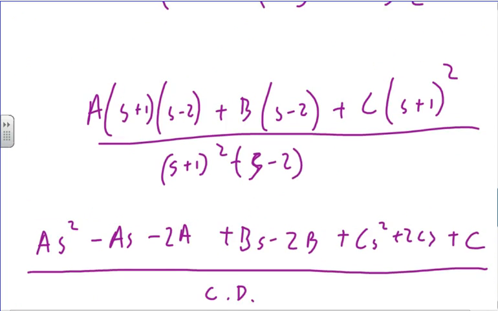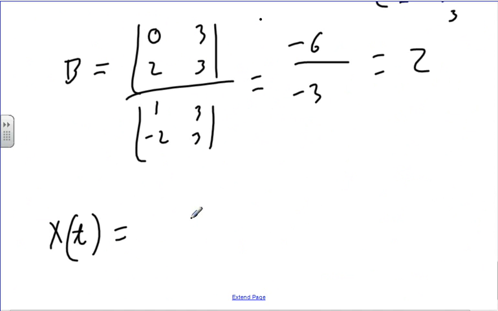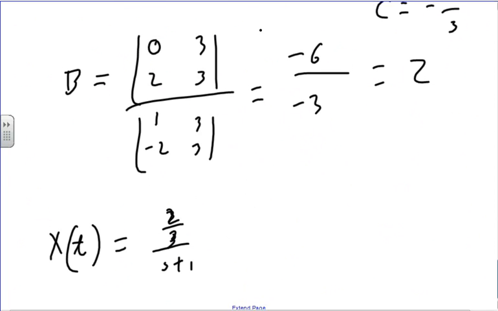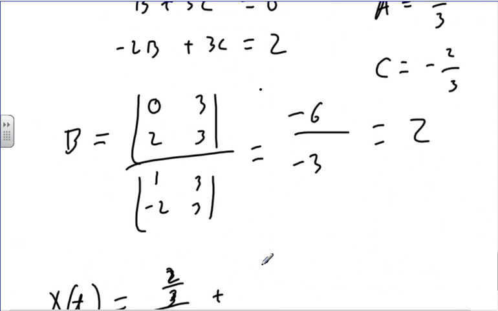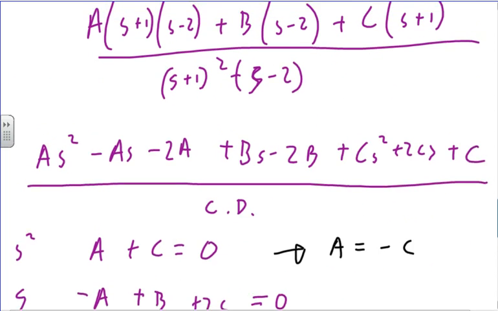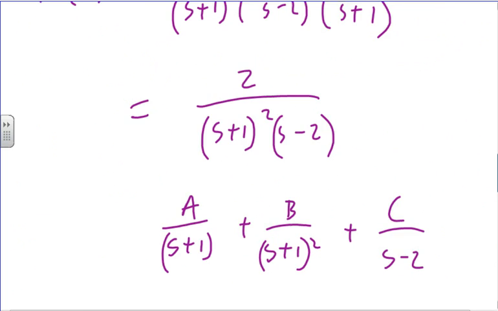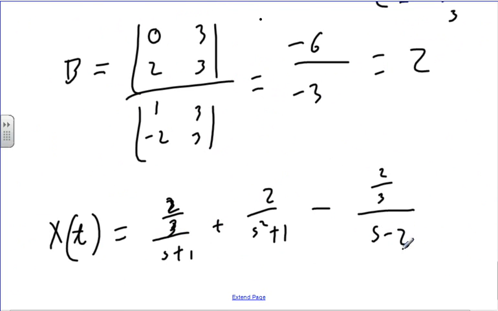A. All right, 2 over 3 s plus 1, plus b, which is 2 over s squared plus 1, minus 2 over 3 divided by s minus 2.